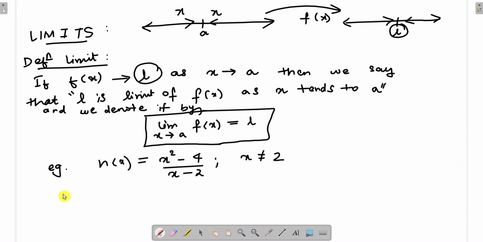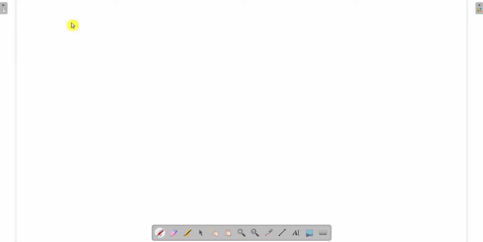Here what we have to do is to find the limit as x tends to 2 of h(x). Now to find the limit, first we have to look at the function. The function is h(x) equal to (x square minus 4) divided by (x minus 2), where x is not equal to 2.